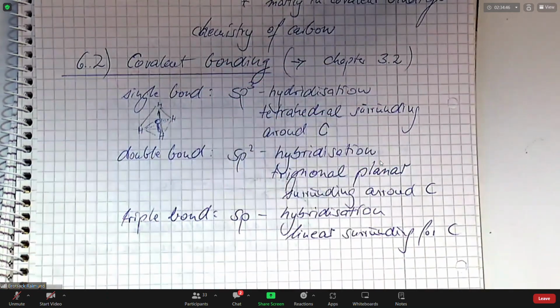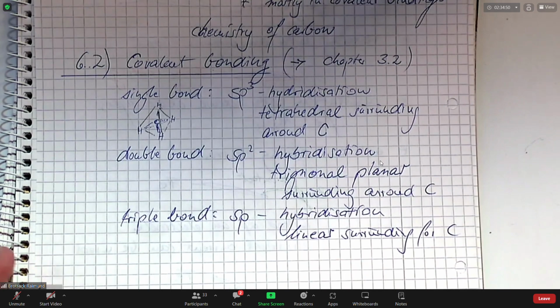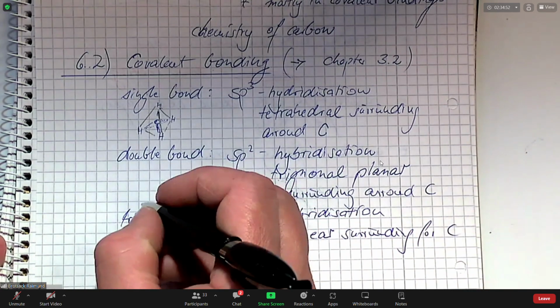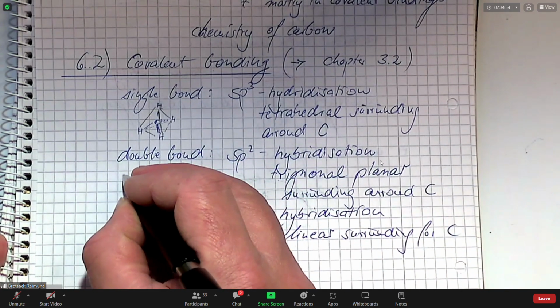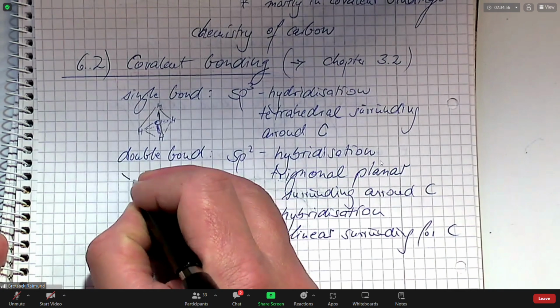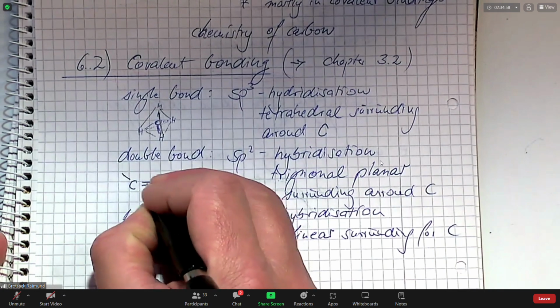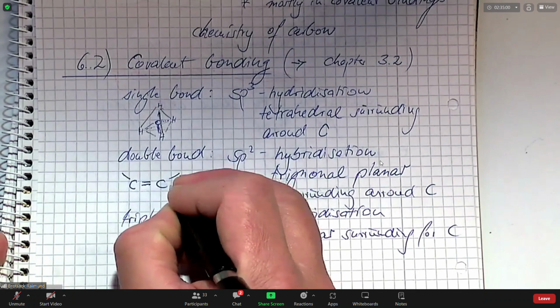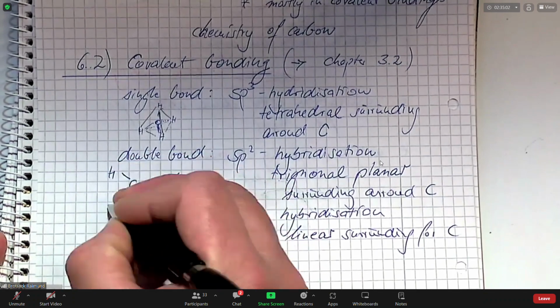If we talk about sp2, we have a double bond, and we have, for example, the ethene molecule.